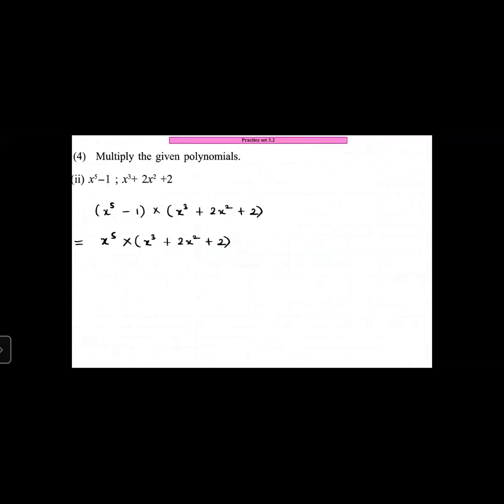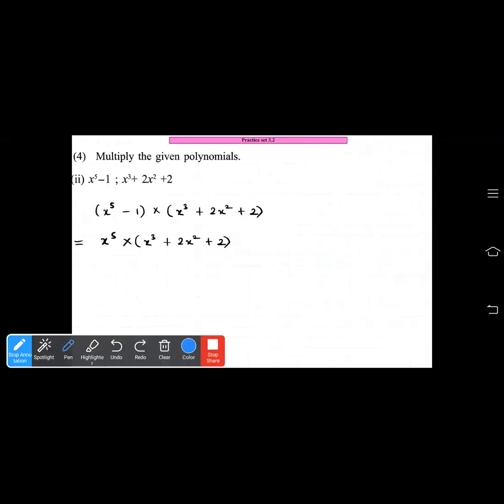x raised to 5 minus 1 multiplied by x cube plus 2x square plus 2. So start multiplying each term of the second polynomial with each term of the first polynomial. First we will do x raised to 5 multiplied by the second polynomial, x cube plus 2x square plus 2.